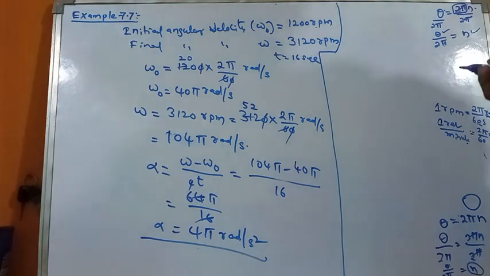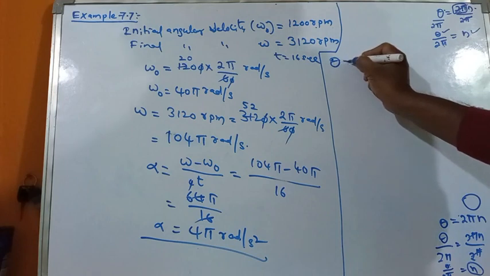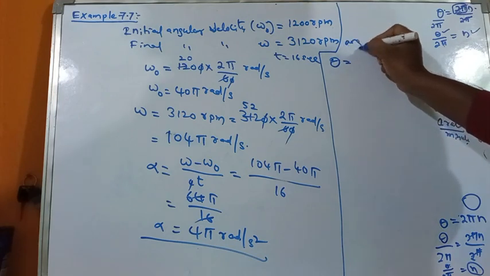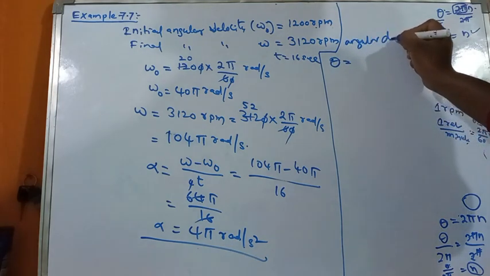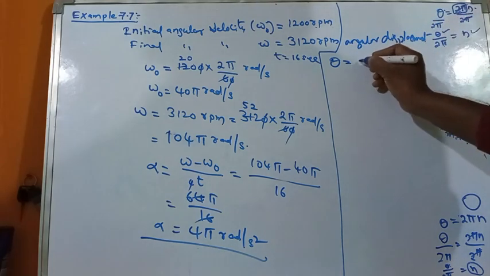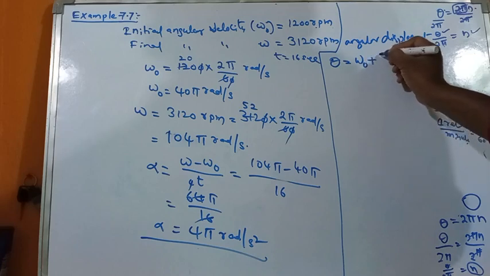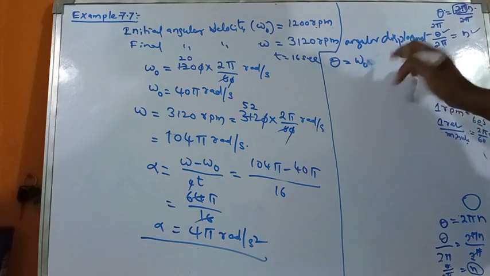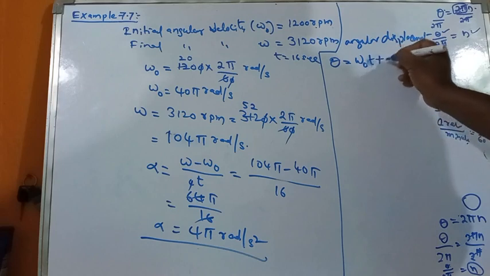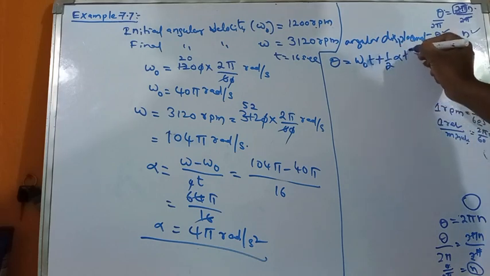For the angular displacement we have an equation: theta is equal to omega naught t plus half alpha t square.